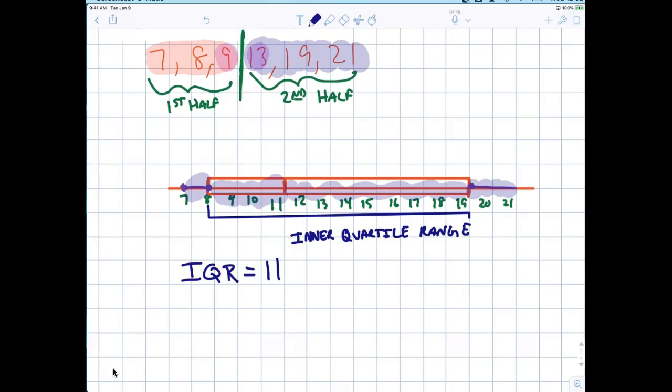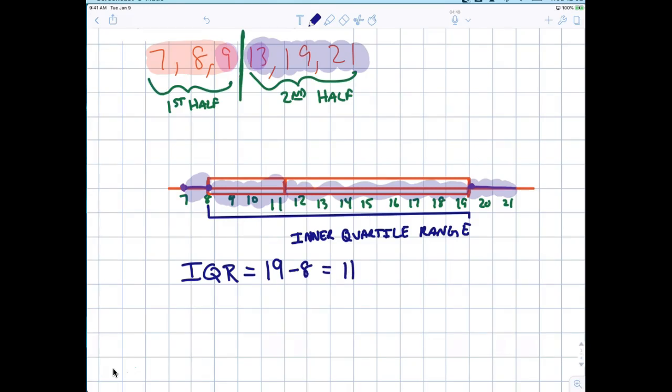What did I do? What was the largest? Yes, let me just do that now. I should have just told you that. The interquartile range is 19 minus 8, which is what? 11. All right.